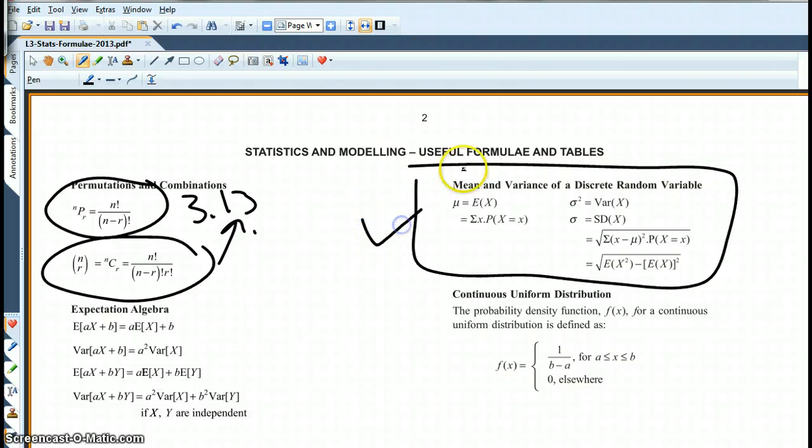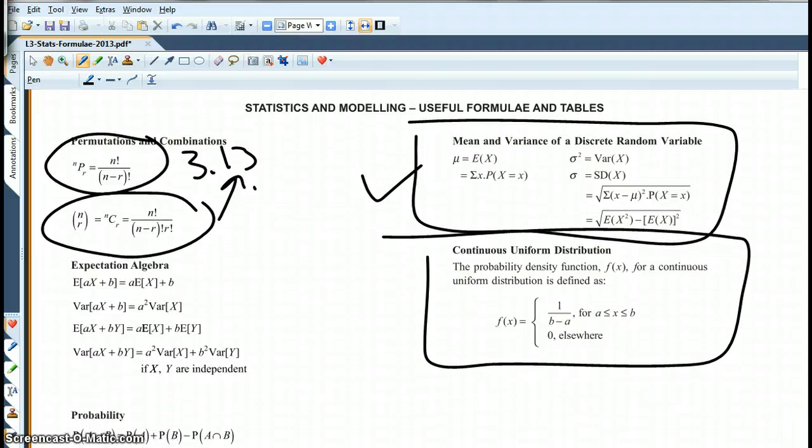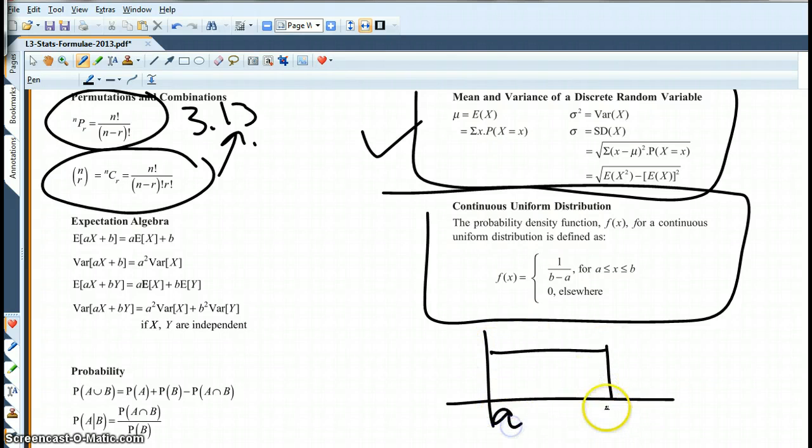Yes, we have covered that. So that there is your rectangular. So it's important that you understand that that comes with the graph, where you've got an A there and a B there. Okay, so that's a rectangular one.